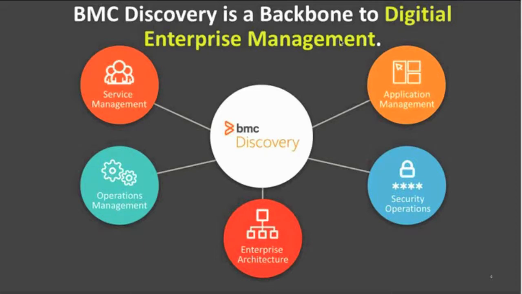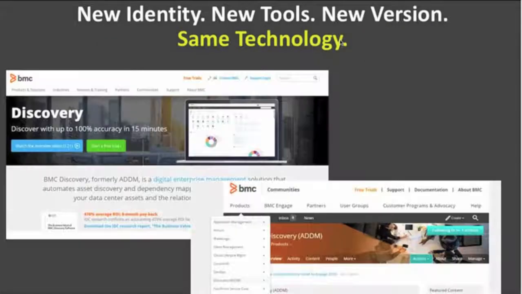Well, it's very easy to pull all that information together through a product like BMC Discovery. And bringing all of those different sources of data into the same location is what helps us deliver value with this product.